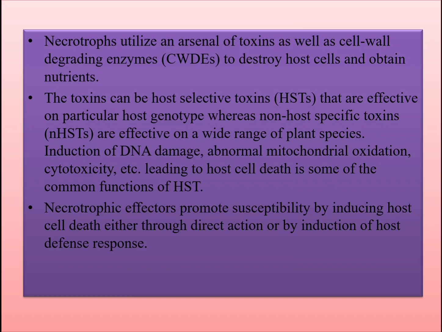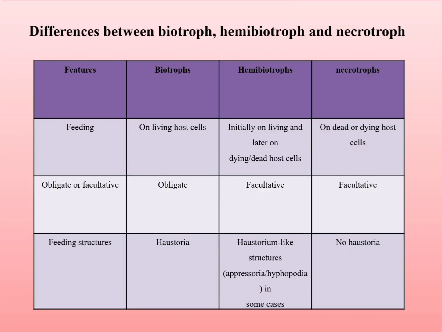In this slide, we are going to see the difference between biotroph, hemibiotroph and necrotroph. Features: feeding in biotroph is on living host cells, in hemibiotroph initially on living and later on dying or dead host cells, and necrotrophs on dead or dying host cells. Obligate or facultative: biotroph obligate, hemibiotroph facultative, necrotroph facultative.